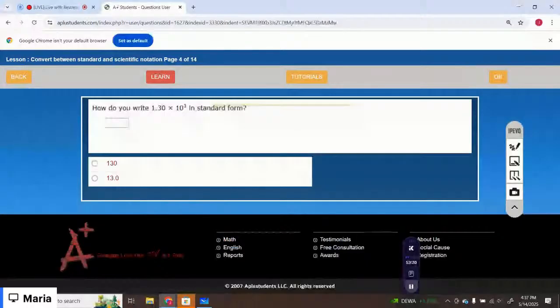How do you write 1.30 times 10 exponent 2 in standard form? Option number one is the correct option.